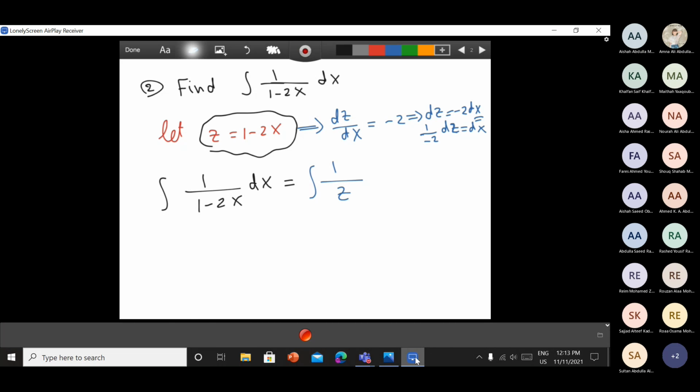So now I can get rid of the dx, and instead I'm writing 1 over minus 2 dz. Any constant, you take it outside the integration.